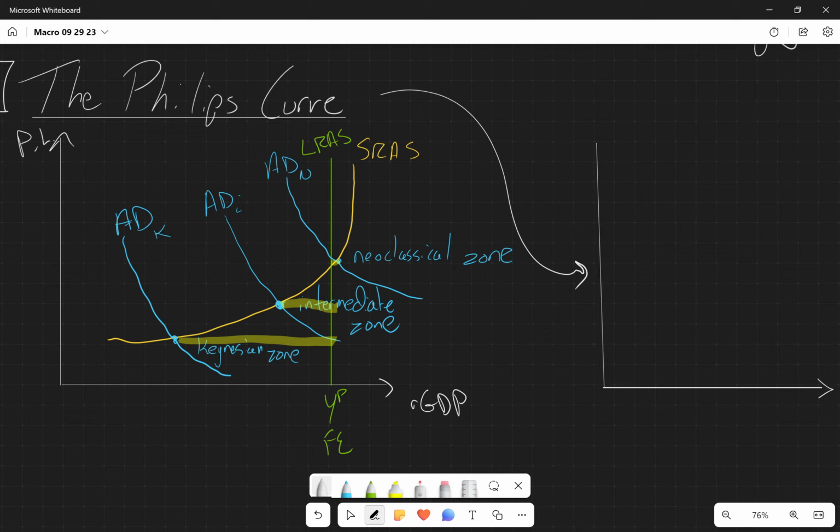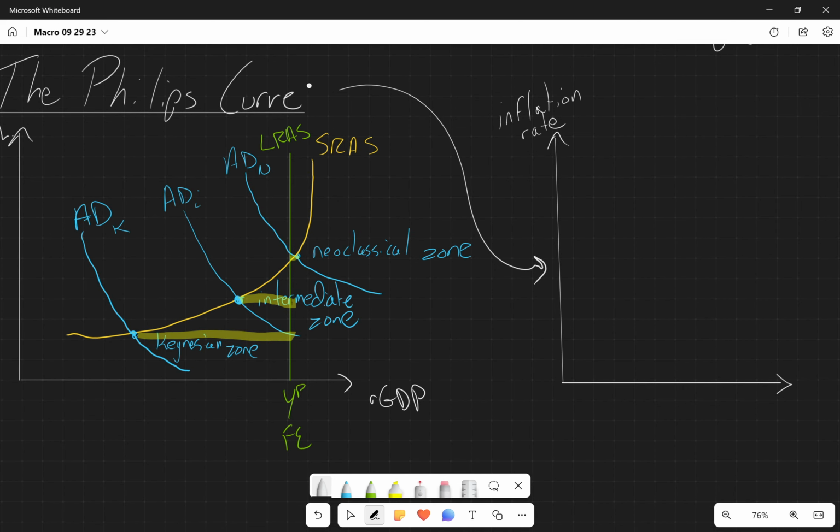So now, instead of having price level on the y-axis, we're going to have the inflation rate. And instead of having real GDP on the x-axis, we're going to have the unemployment rate.